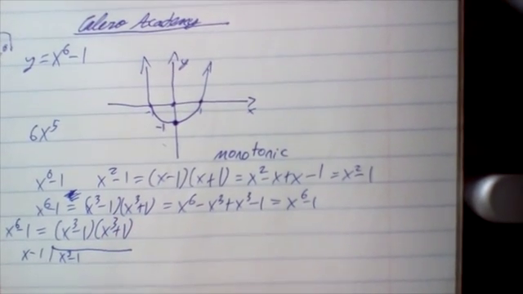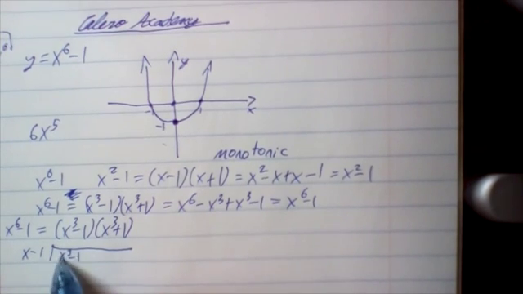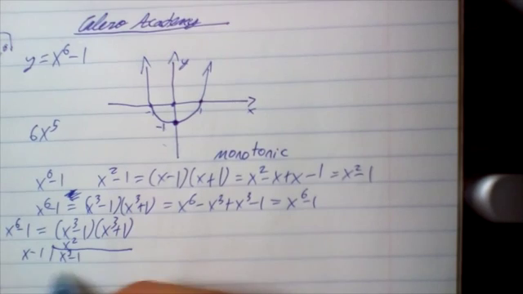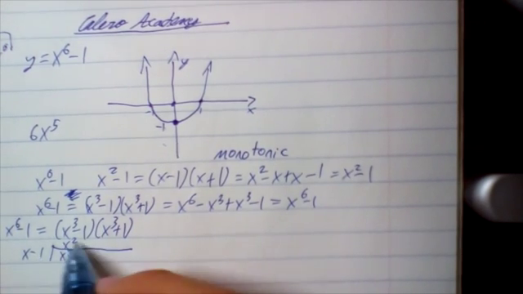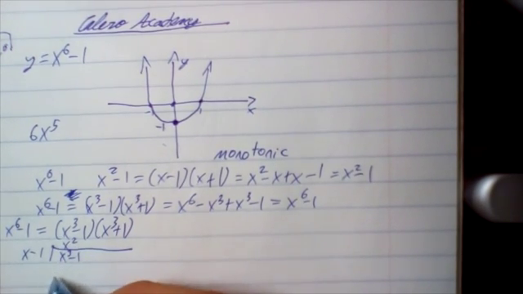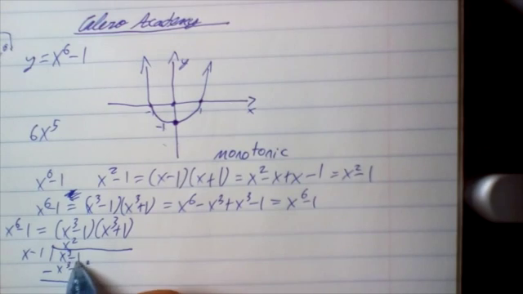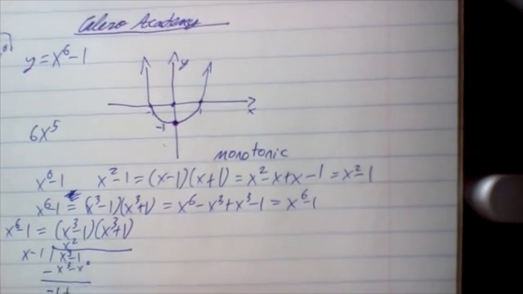So, does x minus 1 go into here? Let's try x squared. Like normal long division, we have x squared times x minus 1 is equal to x cubed minus x squared. Now, subtracting, we have minus 1 plus x squared.